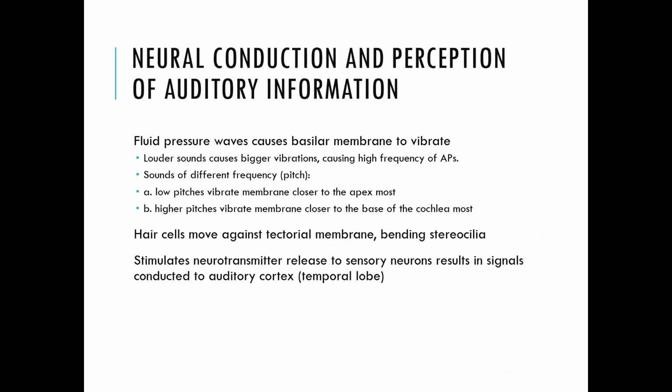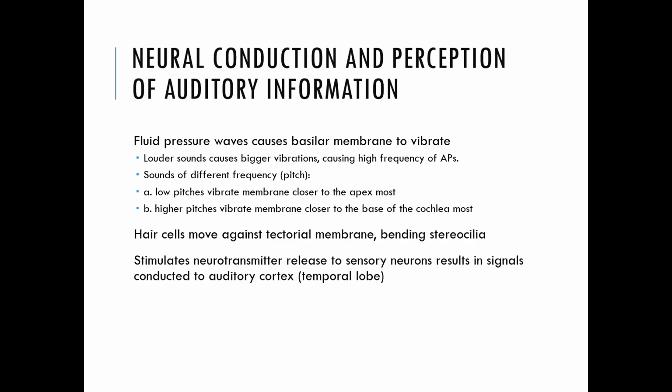So, how do you have neural conduction and perception of auditory information, or sounds in your environment, occurring in your ear? The fluid pressure waves cause the basilar membrane to vibrate. If you have a louder sound in your environment, it causes bigger vibrations, causing a higher frequency of action potentials.